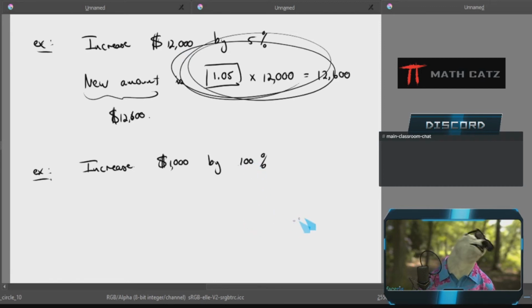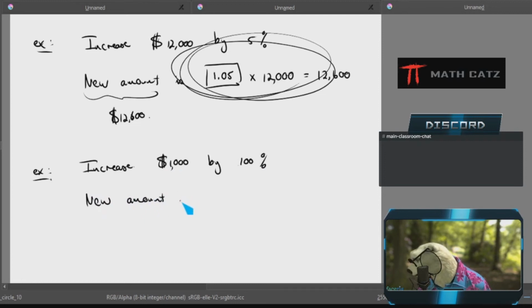Let's do it like this. Now, we might have an intuition about 100%. That's double, isn't it? I increase something by 100%. I get 100% of that on top of what I had, which means I get all of it again. You would be right.